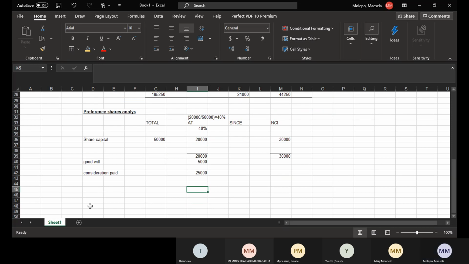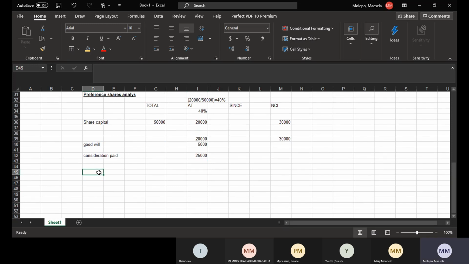Then we can proceed. Since acquisition, nothing happened. In this case, it will be since acquisition until the end of the current year.